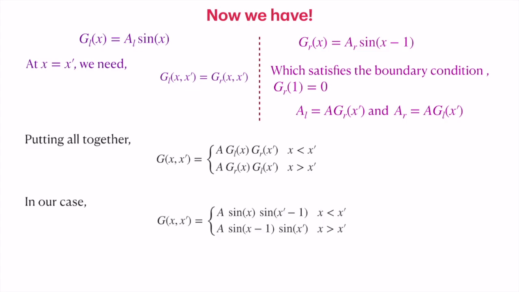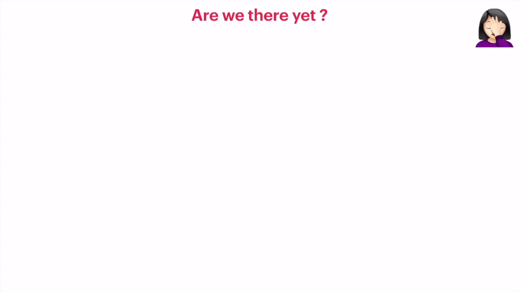In this specific case, we can explicitly write down the Green's function for the differential operator: g(x, x prime) equals A sin x sin(x prime minus 1) when x is less than x prime, and A sin(x minus 1) sin x prime for x greater than x prime. The difference comes because of the delta function at x equal to x prime. These two solutions match. Okay, are we there yet?